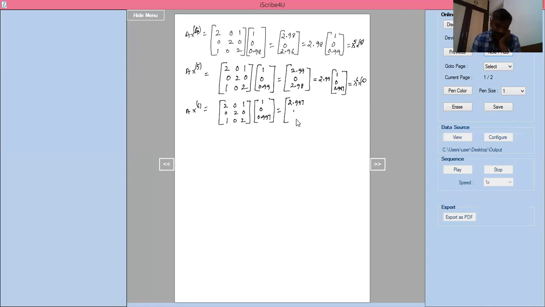Next one should be 0. Next, 1 into 0 is 0, 1 into 1 is 1, 0 into 0 is 0, and 2 into 0.997 is 2.994. Now if you take 2.997 outside, you will get 1, 0, 0.999. This is lambda power 7 into x power 7.